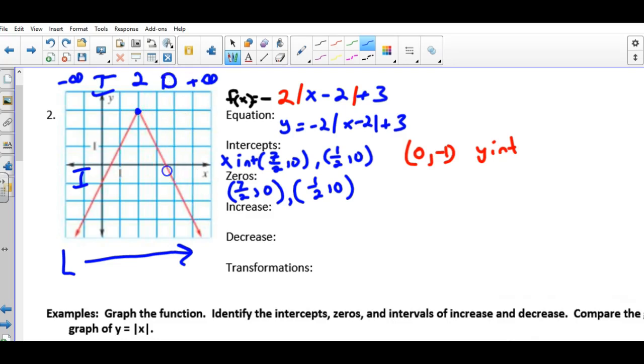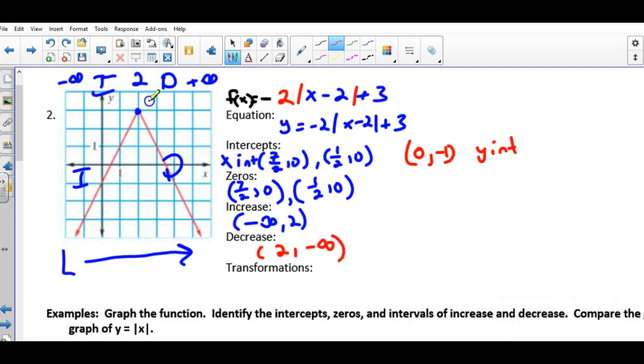So what we say is this thing is increasing from negative infinity to 2, and decreasing from 2 until negative infinity.